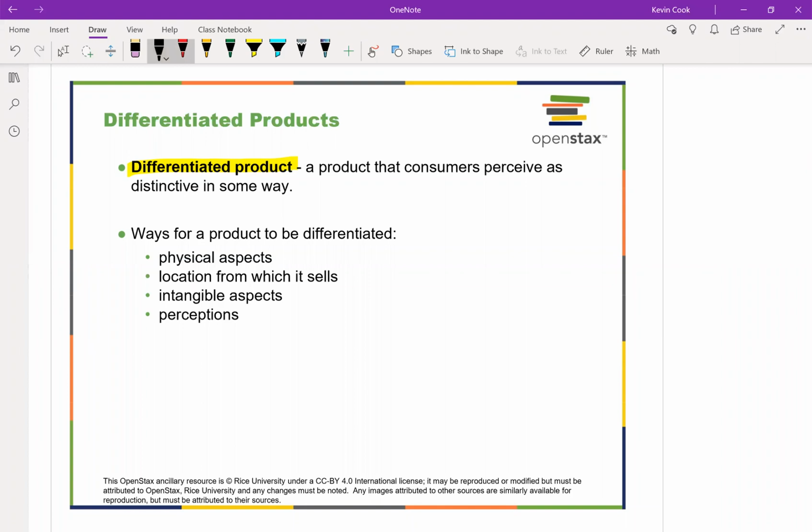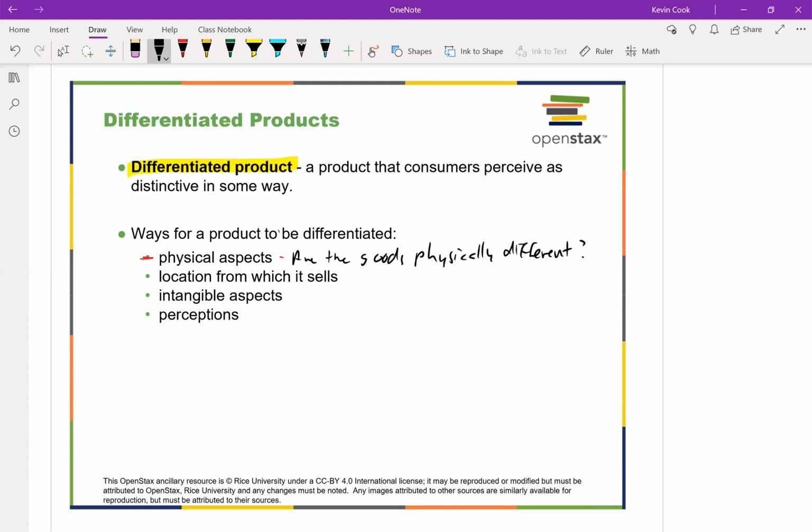So this first one, physical aspects. What this looks at is, are the goods physically different? If we think about something like a McDonald's Big Mac versus a Burger King Whopper, a Big Mac has the two patties, the bun in the middle, special sauce, lettuce, cheese, pickle, onion, whereas a Whopper is more just beef, lettuce, tomato, mayo, onion, and so on.